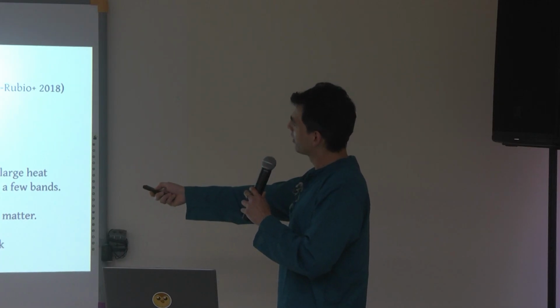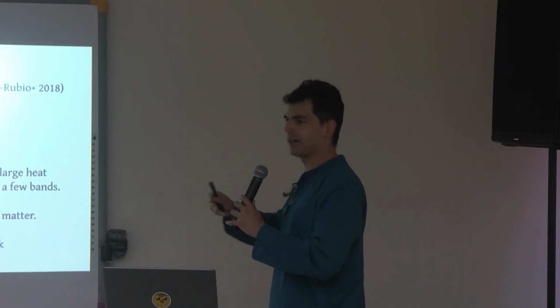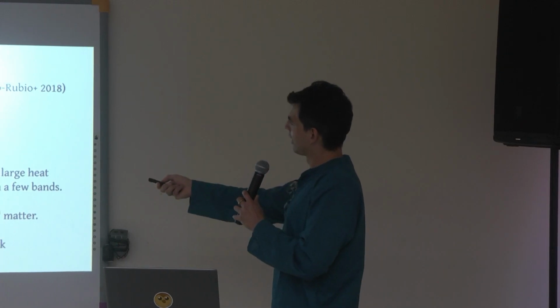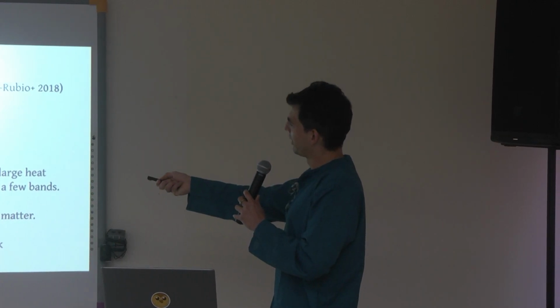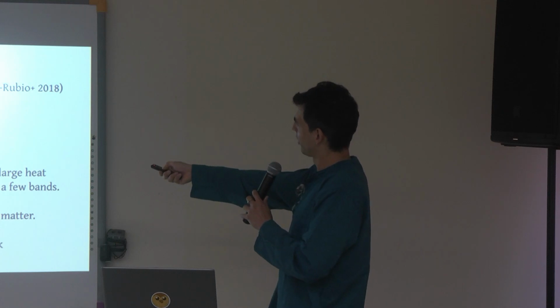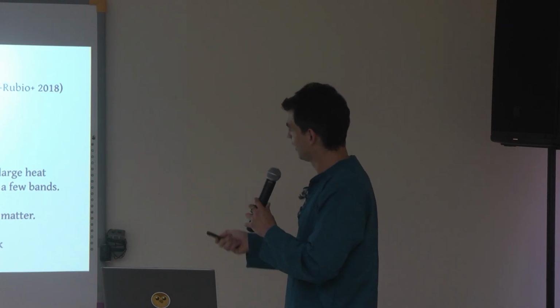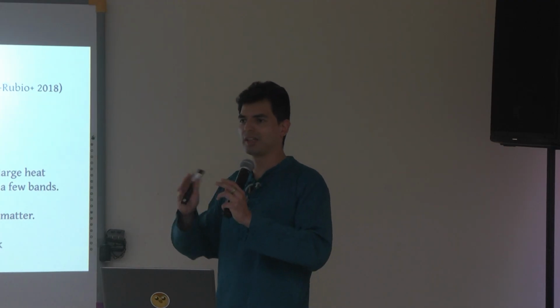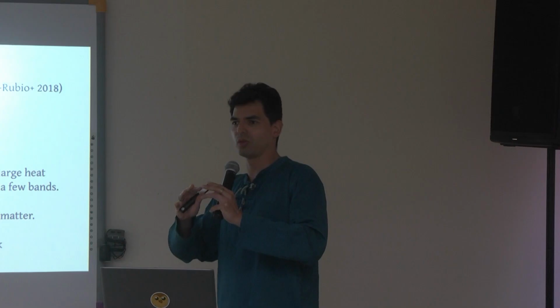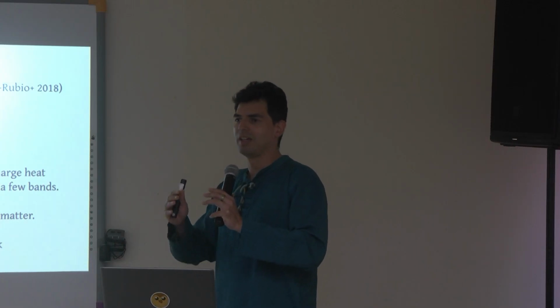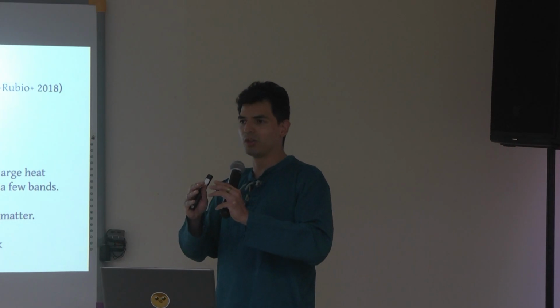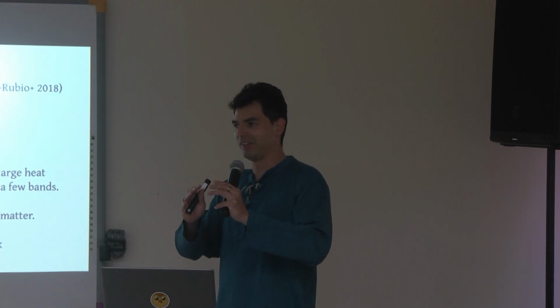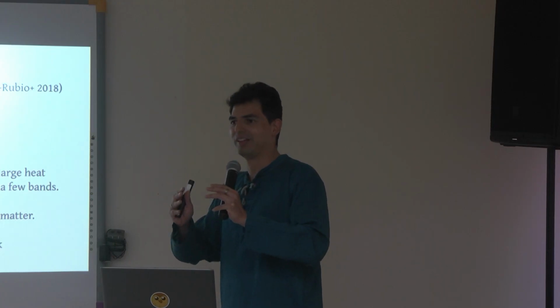And finally, there is another bound, in this case a lower bound, provided by an argument related to causality that was put forward by Carballo-Rubio in 2018. This argument states that if we want this object to stay a non-black hole, so to not have a horizon, we need to make it expand in a time that is compatible with the speed of light.